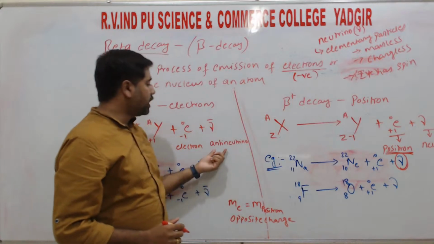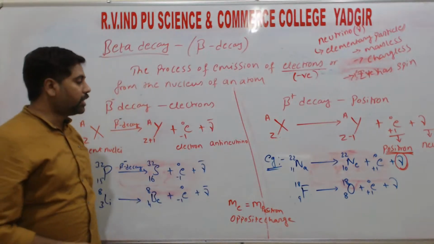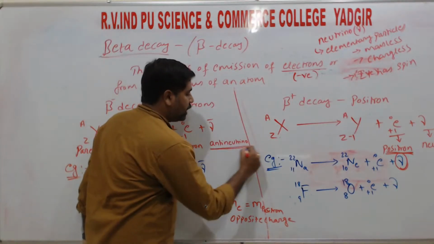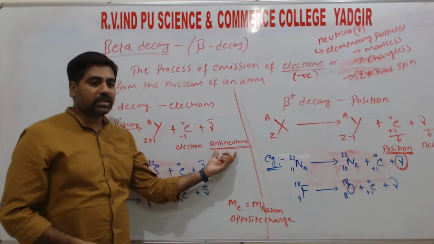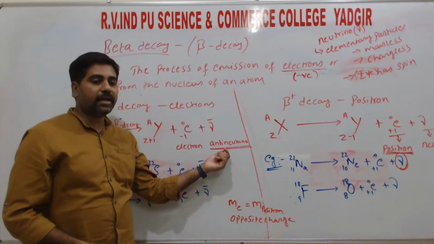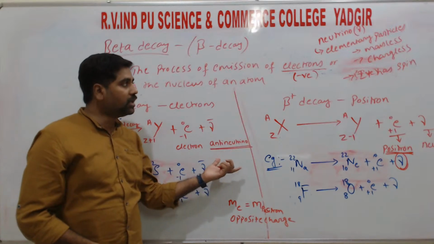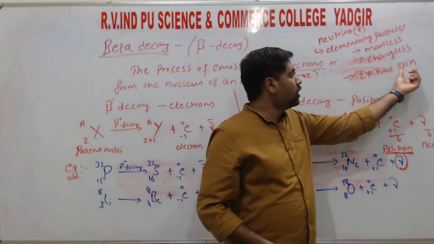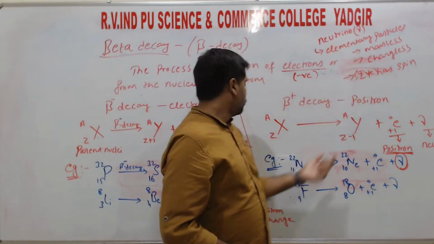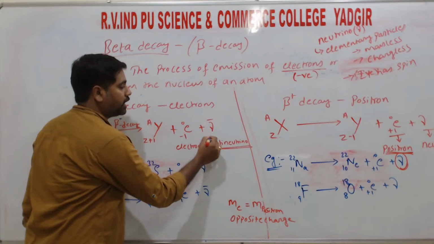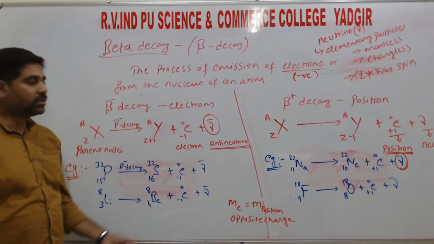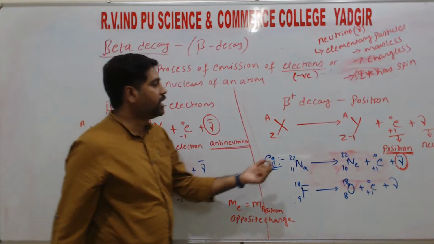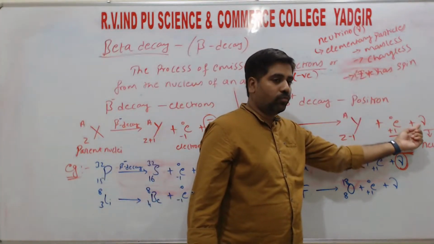Then what is an anti-neutrino? The anti-neutrino is also an elementary particle. It also does not have any charge or mass, but its spin is opposite to that of the neutrino. For that reason we write a bar symbol on the neutrino, that is nu bar, and here we have only nu.